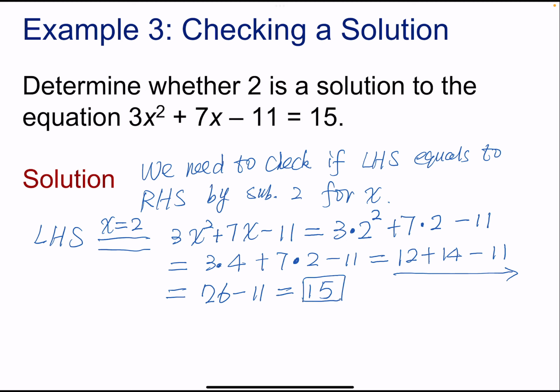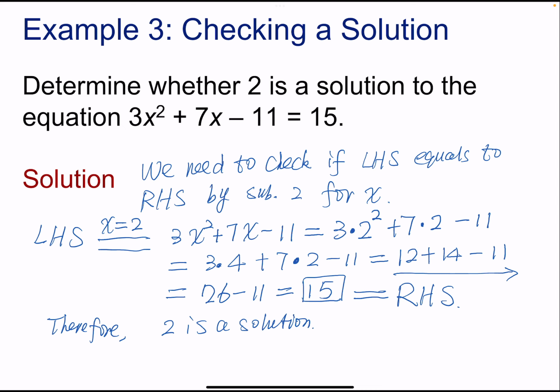So the answer is 15. And you see, after plugging in x equal to 2, the left-hand side actually equals 15, which is obviously equal to the right-hand side. So therefore, you conclude 2 indeed is a solution.